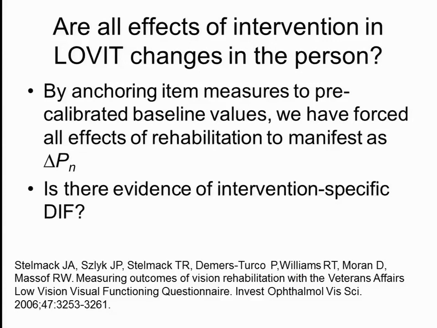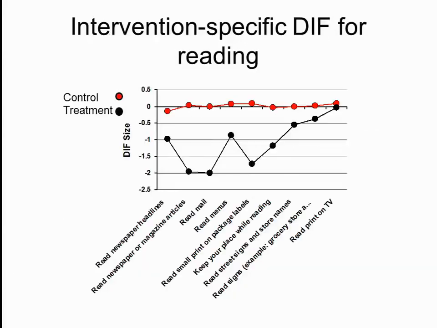The question then is, is there evidence of intervention-specific DIF? What we're looking at here is, relative to baseline calibrations, the differential item functioning at the follow-up for the control group and for the treatment group. Each point is a different item, not in any particular order.